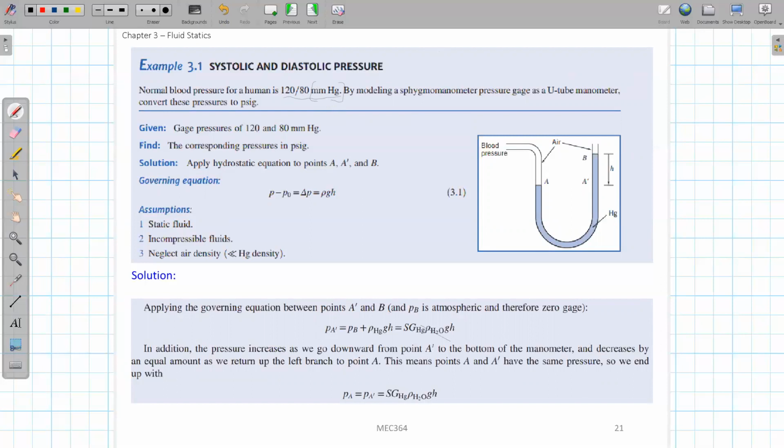If you go to your unit conversion table, you should be able to use it to convert to Pascal, PSI, atmosphere, or bar, whatever. So this is another unit for the pressure, millimeter mercury.